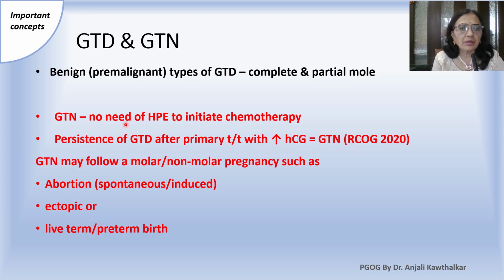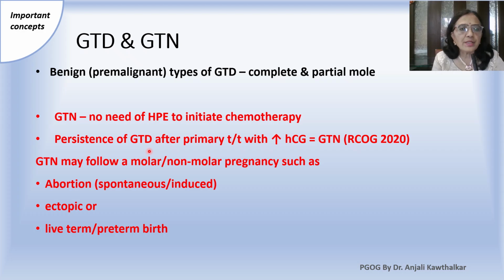Gestational trophoblastic neoplasm is the malignancy which is an exception. There is no need of histopathological report to initiate chemotherapy for gestational trophoblastic neoplasm. This is a most important concept.